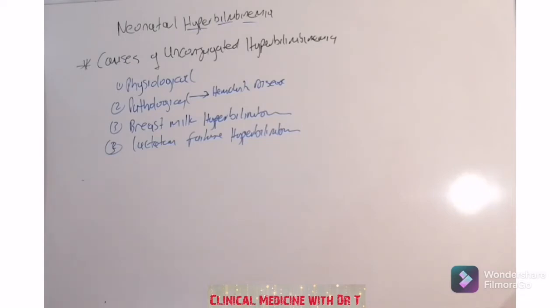Now, I want us to look at physiological jaundice and pathological jaundice. So when you've got a neonate who's got hyperbilirubinemia, you take the blood, the TSB, you take the conjugated hyperbilirubinemia, and then also the unconjugated.